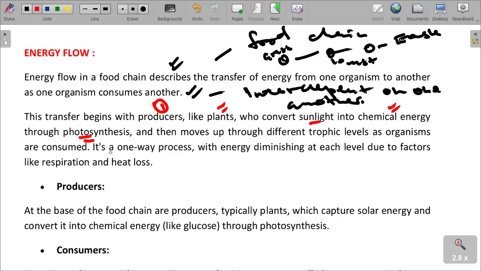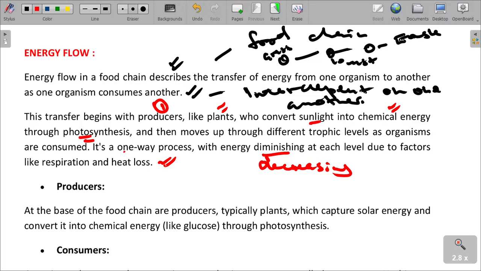What you need to understand is that it's a one-way process, with energy decreasing at each level due to factors like respiration and heat loss.